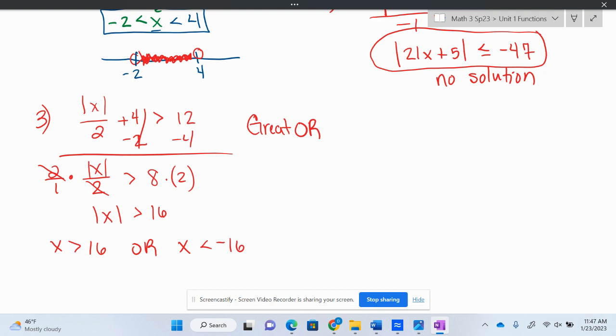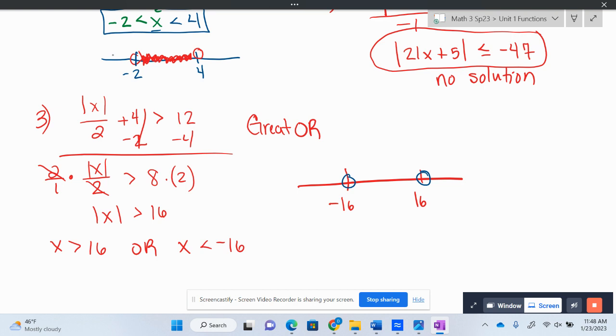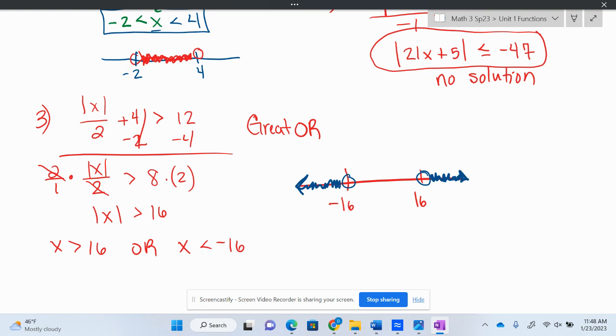So let's graph that and see what that means. So I have a negative 16 and I have a positive 16 on my number line. I'm going to have open circles on both. All numbers less than negative 16 are going to be shaded this way. All numbers greater than positive 16 are going to be shaded this way.